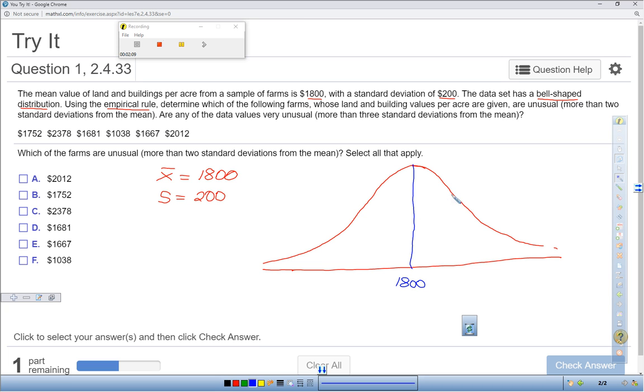Now, more or less where the graph is bended, more or less over here, we have 1 standard deviation. Therefore, this distance from the center to this mark is 1 standard deviation, and the standard deviation is 200. So this distance is 200. So to get this value, just add 200 to 1800, and that will give me 2000.